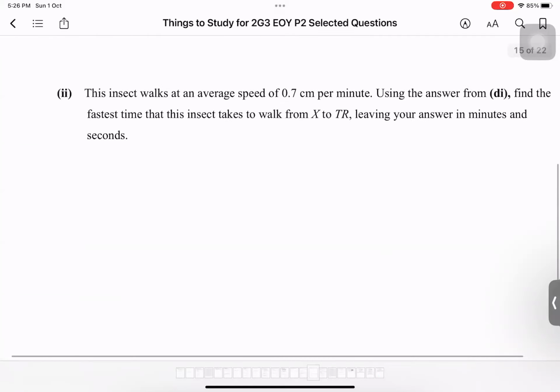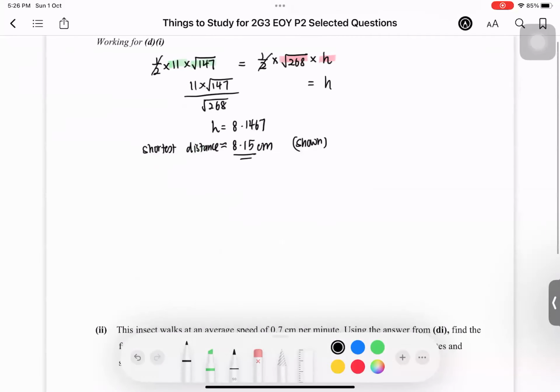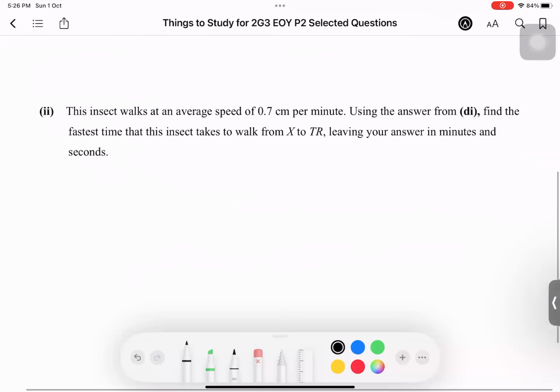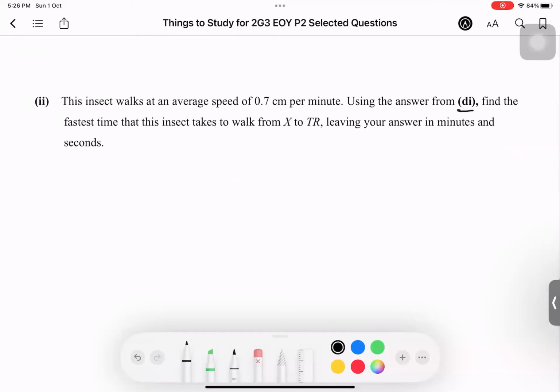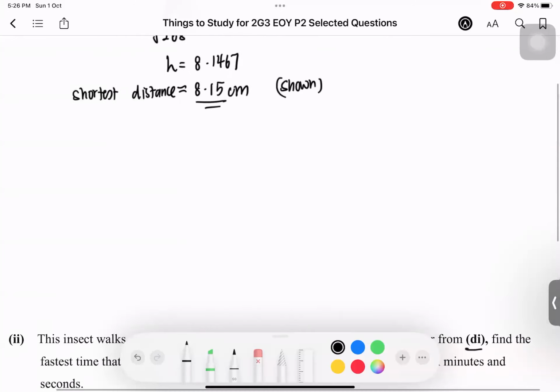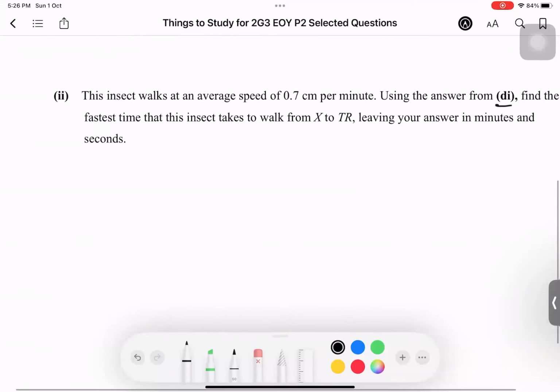This insect walked at an average speed of 0.7 cm per minute. Wait, is this 7 cm? Yeah, using the answer from D, 8.15 cm. They want the answer from D, right? So it's 8.15 or 8.1467, both can. I will use the more accurate answer, 8.1467.